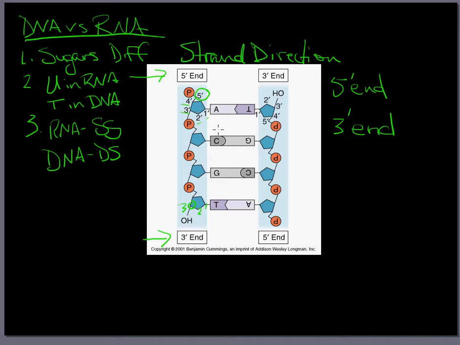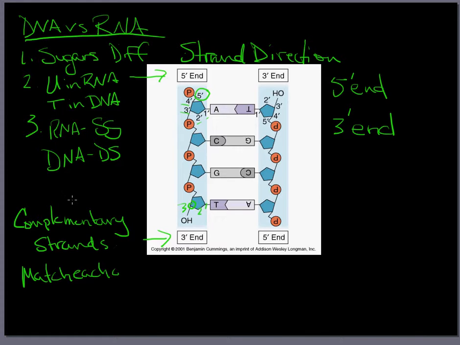We also talk about DNA being said to be complementary. The strands are said to be complementary. Essentially, it means they match each other. However, they run opposite directions.